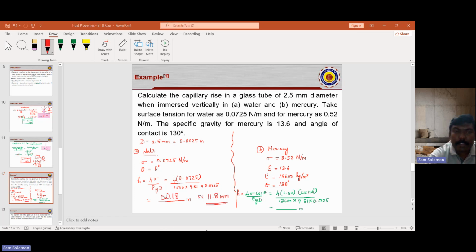In case of mercury, let's see what we get. 4 into 0.52, cos 130, divided by 13,600 into 9.81 into 0.0025.